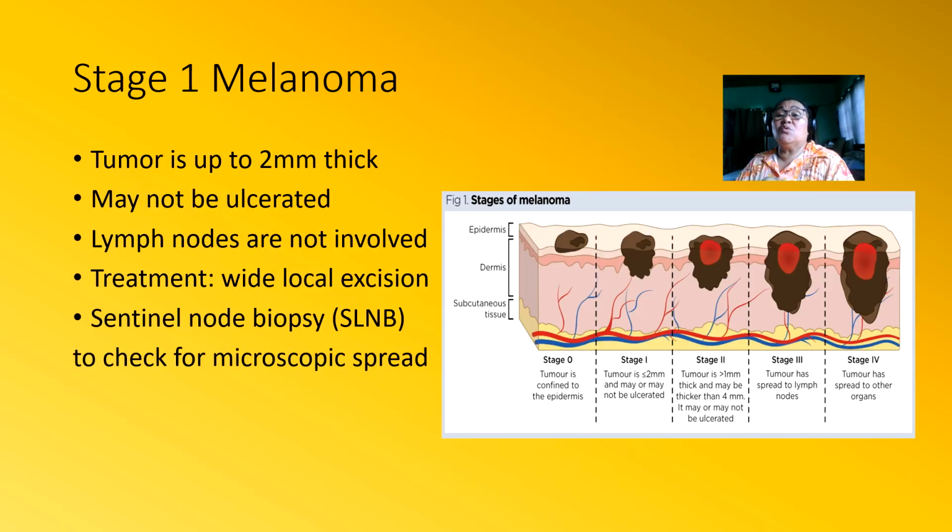So we have also stage 1. We call this one early melanoma. The tumor is up to 2 mm thick, and may or may not be ulcerated. There is no lymph node involvement, and the treatment here is wide local excision.